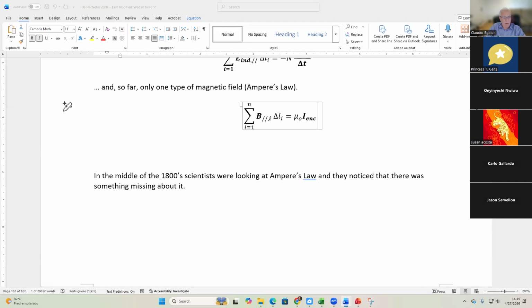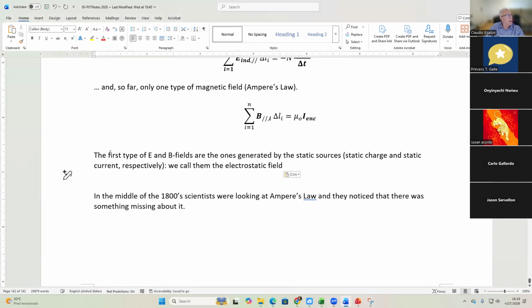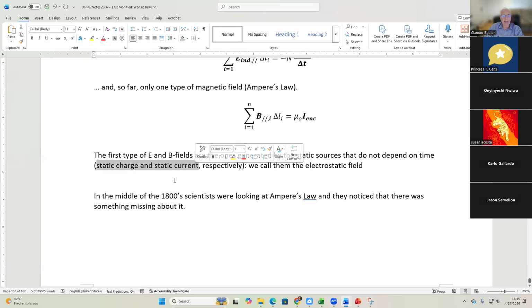The first type of electric and magnetic fields are the ones generated by static sources, static charge and static current respectively. By static, we mean sources that do not depend on time. The static source is the charge for the electric field and the current for the magnetic field.